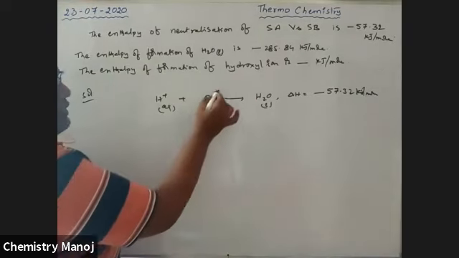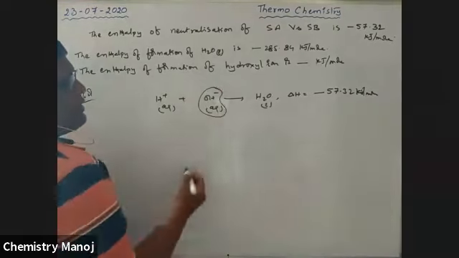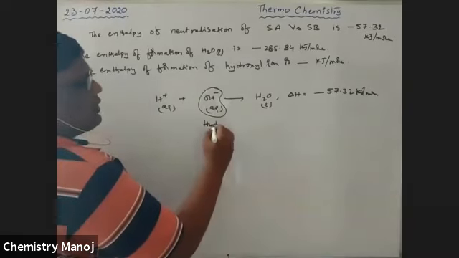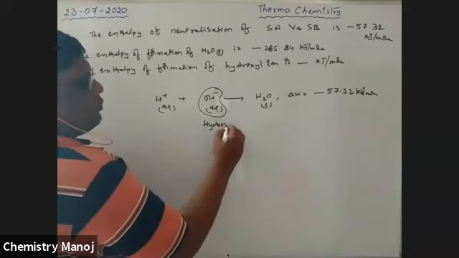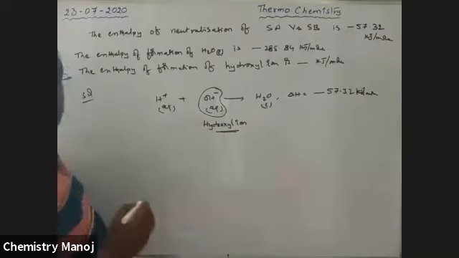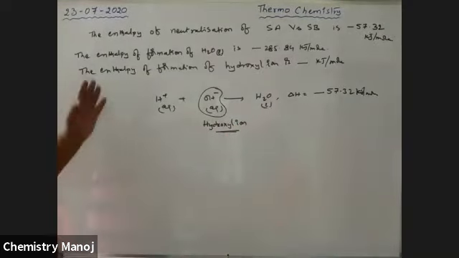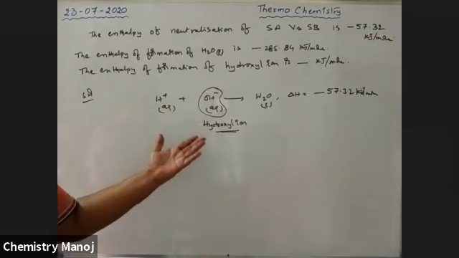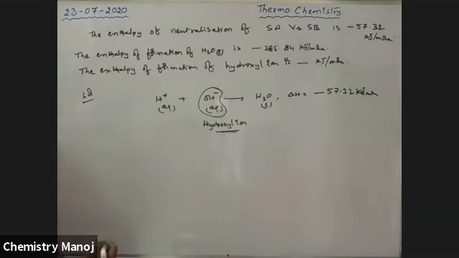This is OH minus, boys. This OH minus ion is called hydroxyl ion. You want to calculate the enthalpy of formation of the hydroxyl ion, and for that purpose this is the reaction I am using.